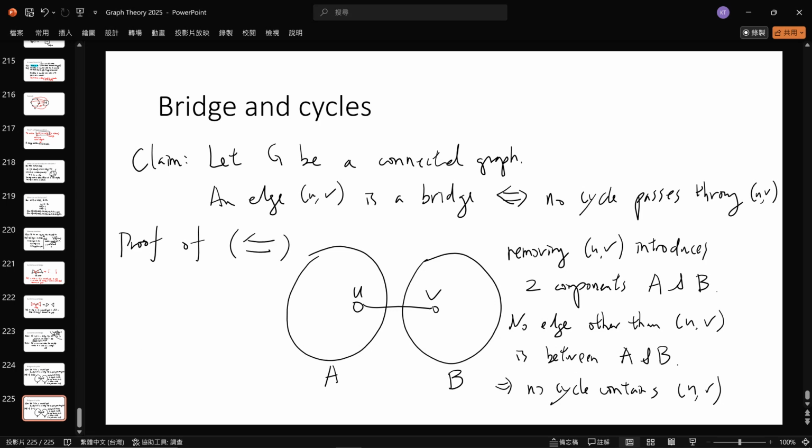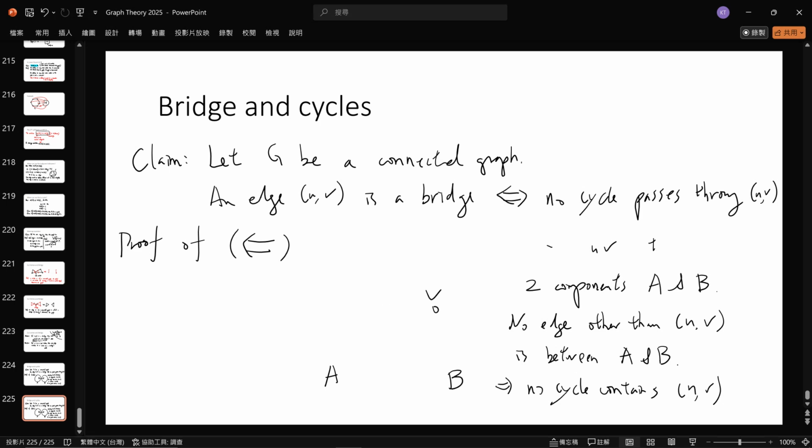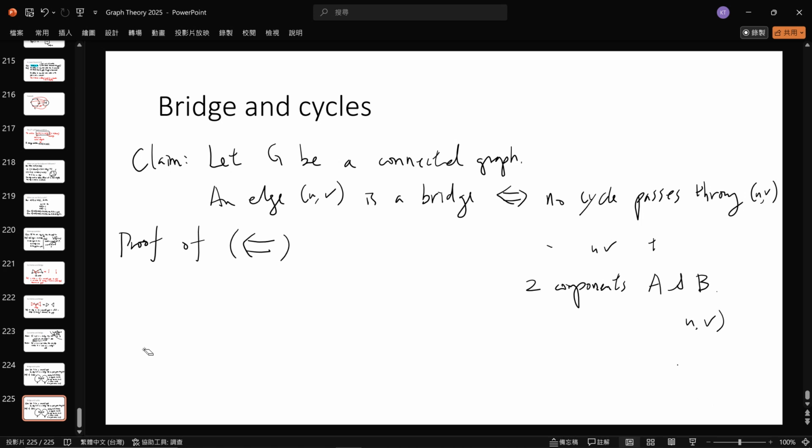About the other direction, if you cannot find a cycle that contains this edge, then this edge must be a bridge. In other words, if you cannot find a cycle, then removing it disconnects the graph. I think it's easier to prove it by contrapositive.